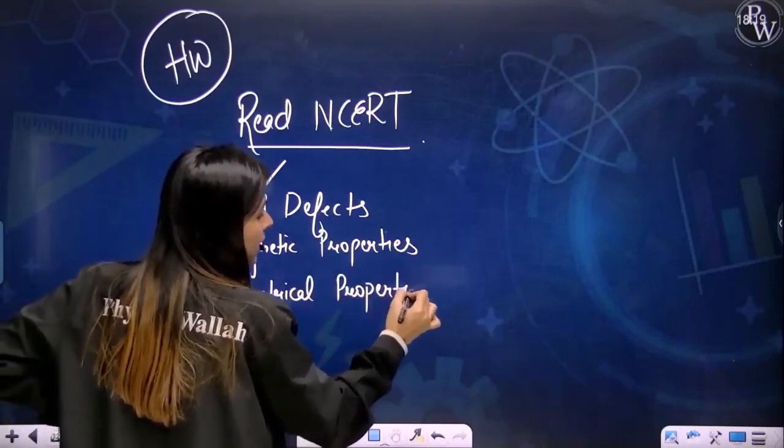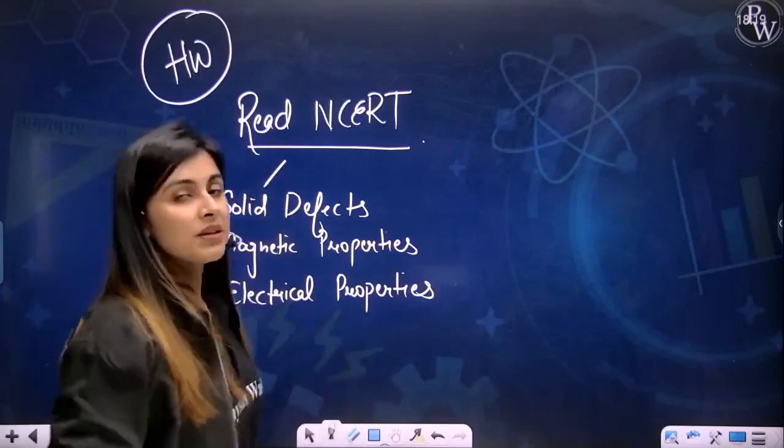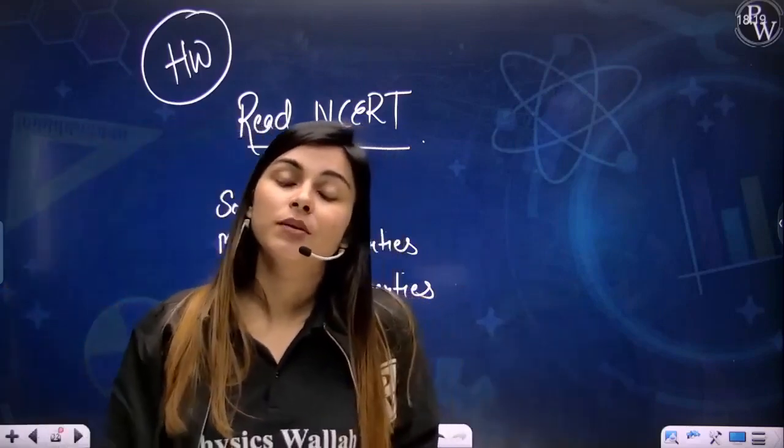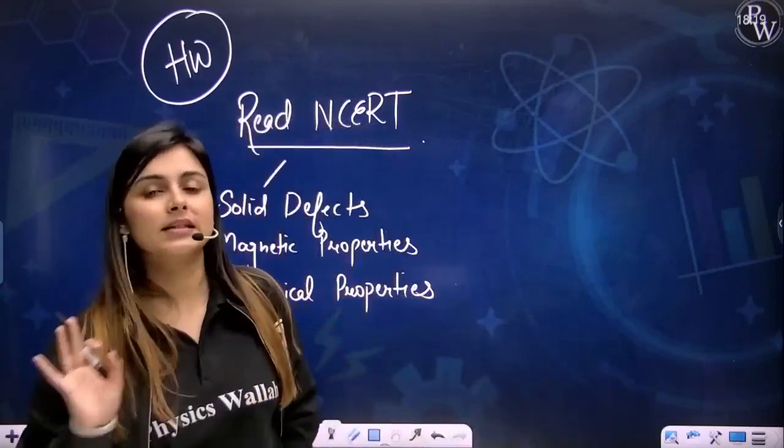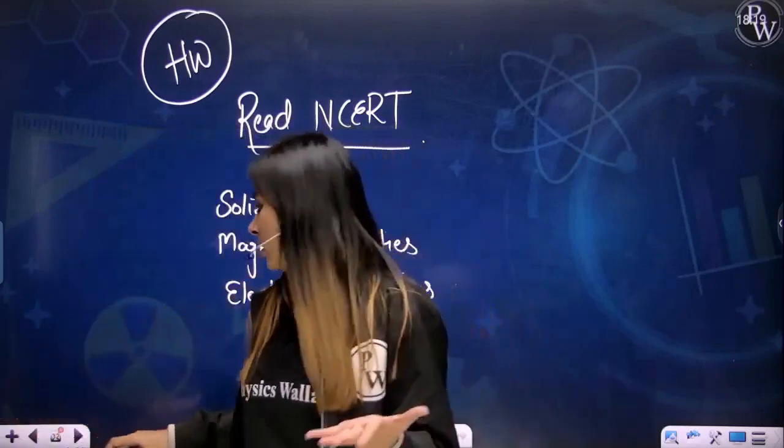These all three topics you have to read NCERT, because the questions will be asked only and only from NCERT, because nothing higher level can ever be asked, because it is a theoretical part.